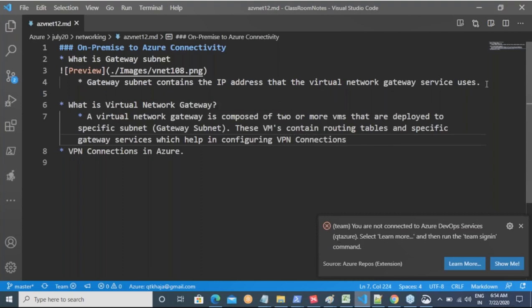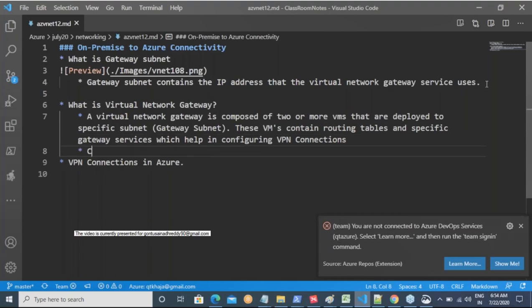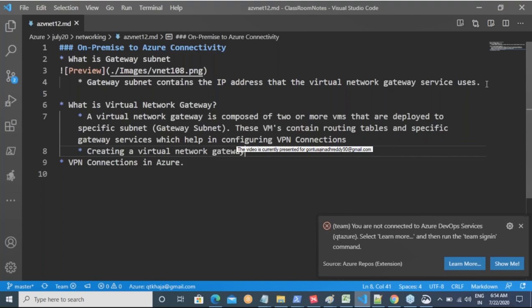Okay. Am I clear on this? So creating a virtual network gateway takes approximately 45 minutes to complete.